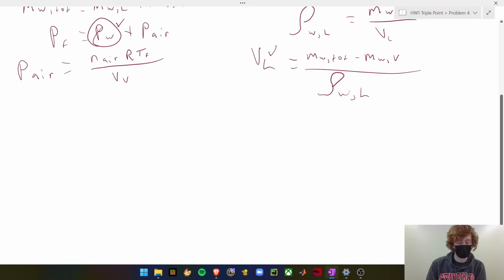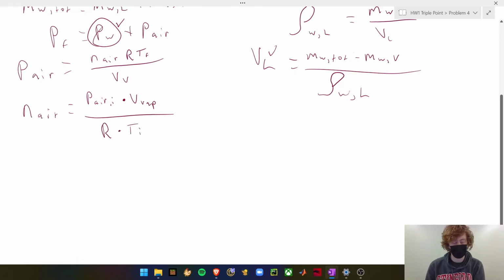So we know that our number of moles in the air can be expressed as the partial pressure of air initial times the volume of the vapor phase all over R times temperature initial. And we can go ahead and expand these two terms.